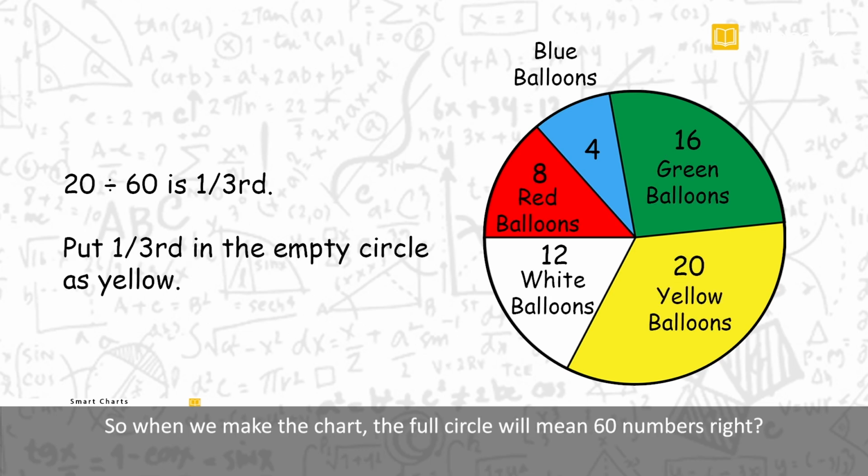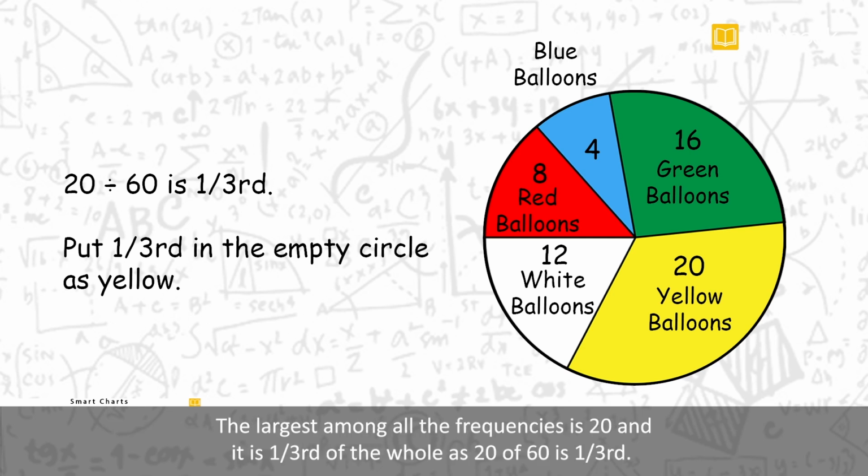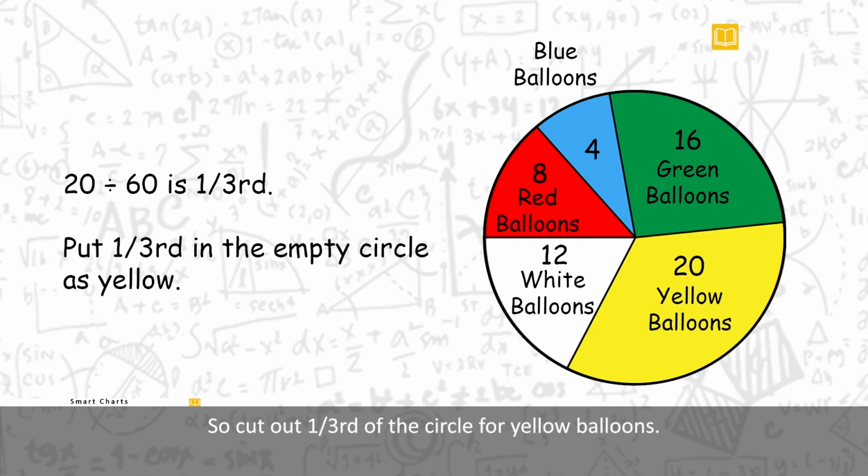So when we make the chart, the full circle will mean 60 numbers, right? The largest among all the frequencies is 20 and it is 1/3 of the whole, as 20 of 60 is 1/3. So cut out 1/3 of the circle for yellow balloons.